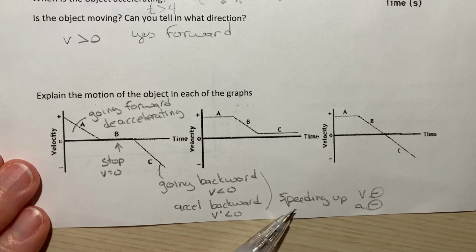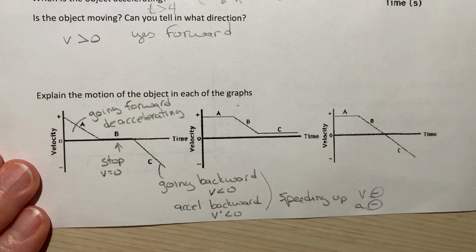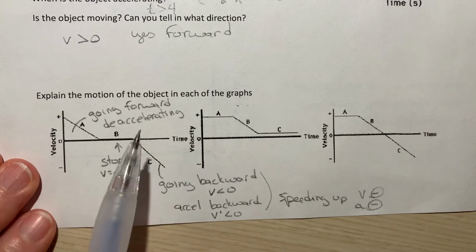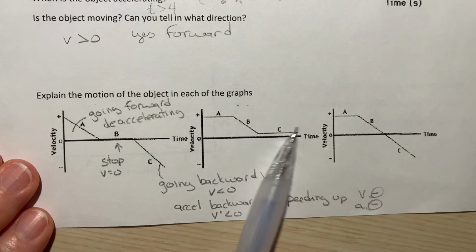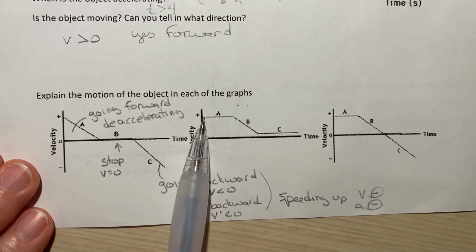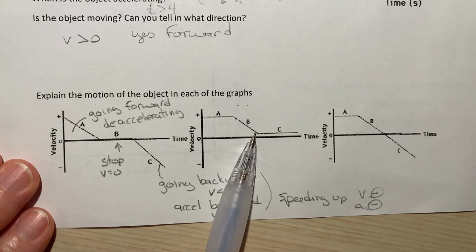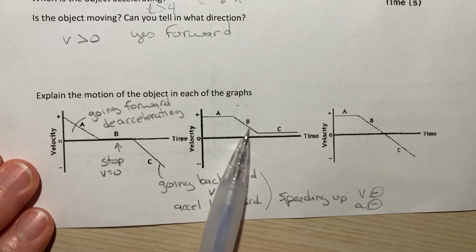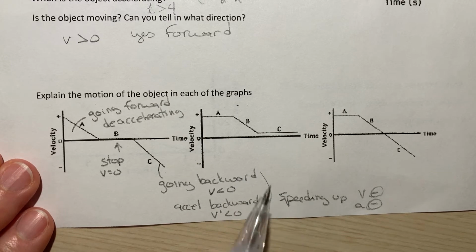So this is a situation where it's speeding up in the negative direction because both velocity and acceleration have the same sign. In this one, it's moving forward everywhere because velocity is positive everywhere. Here it has a constant velocity. Here it's decelerating, because the slope of this line is negative, and then it's constant again. So just a quick summary there.